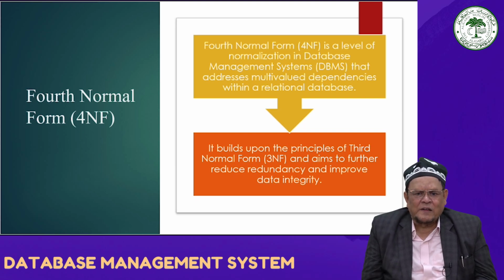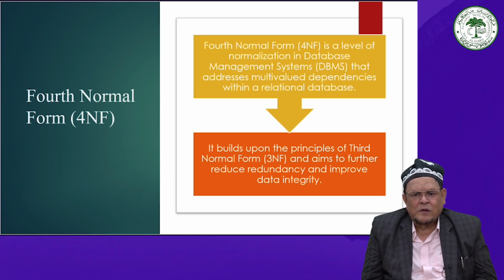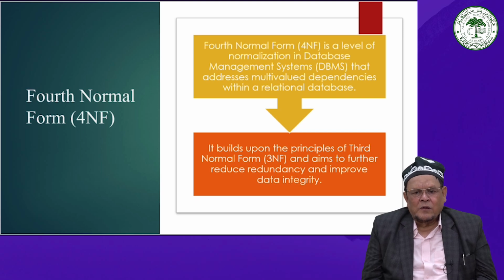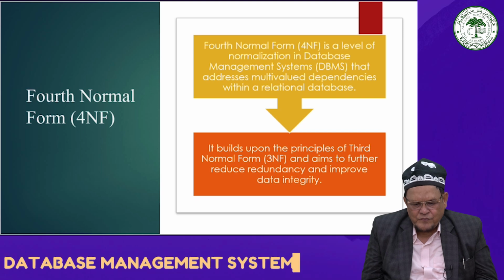Eliminates multi-value dependencies. In 4NF, every non-trivial multi-value dependency must be a dependency on a candidate key. This means that if a table has multiple candidate keys, it should not have any non-trivial multi-value dependencies between attributes.